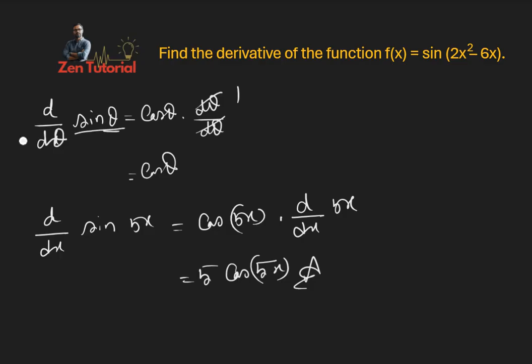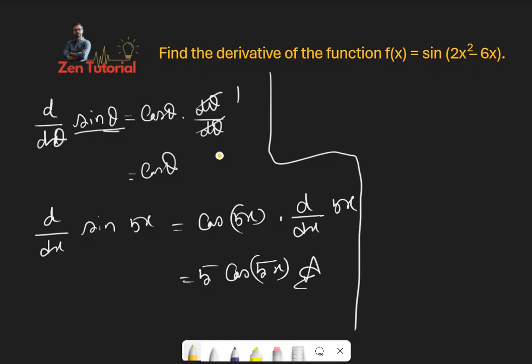Anyways, now if we differentiate this problem as mentioned in the question, you could write down d over dx of f of x equals to d over dx of sine of (2x squared minus 6x).